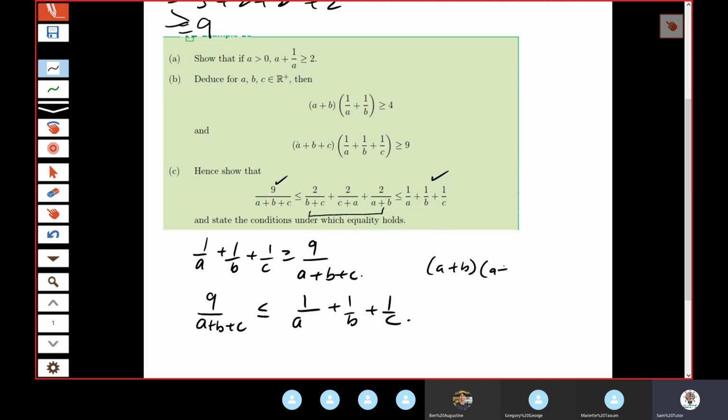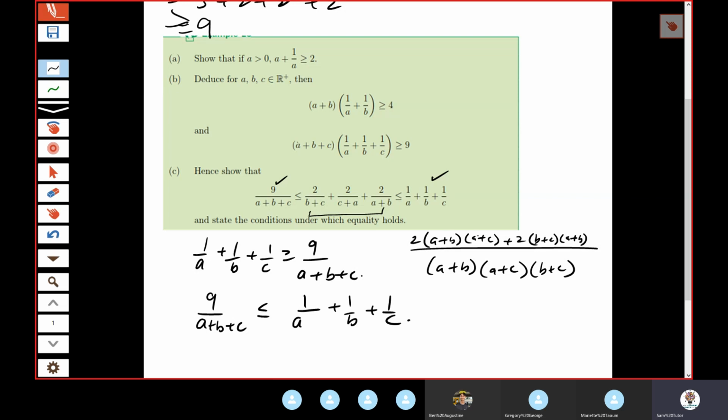So A plus B, A plus C, and B plus C. You would get 2, and then A plus B, A plus C plus 2, B plus C, A plus B.